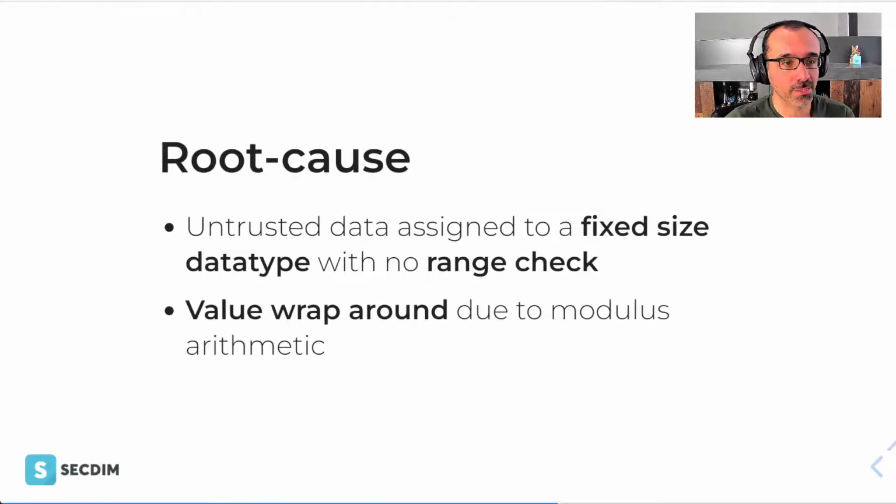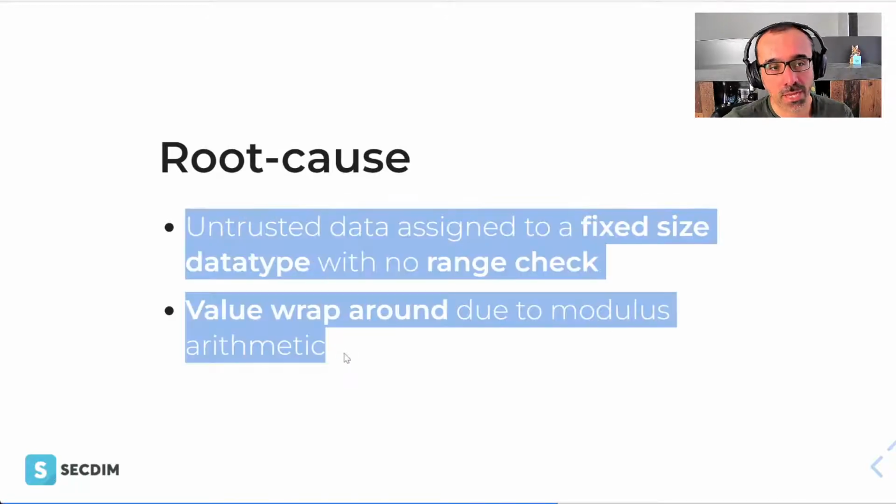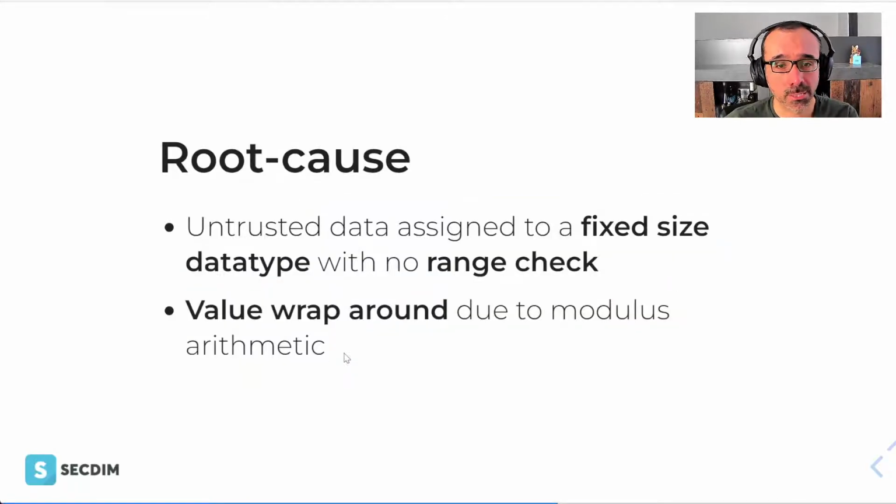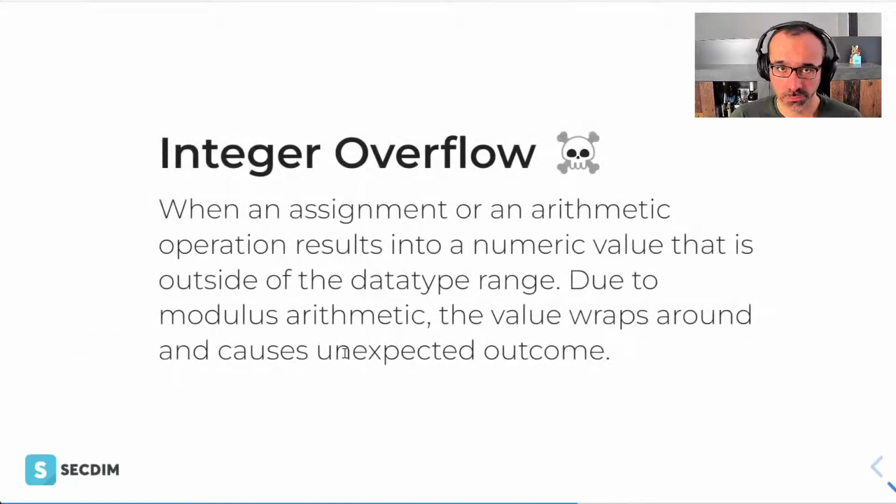I leave that as a question that you can take. So due to these two facts, we have what is known as integer overflow. In the context of smart contracts, because we mostly deal with integer types, it's known as integer overflow. In other languages, I refer to this as numeric overflow because it's not only limited to the int type.